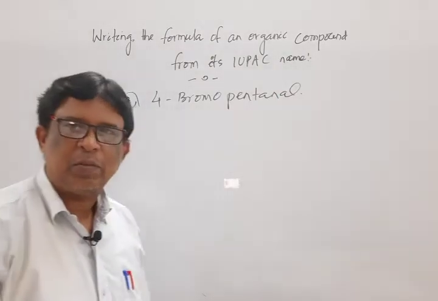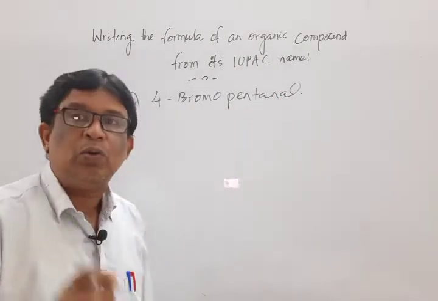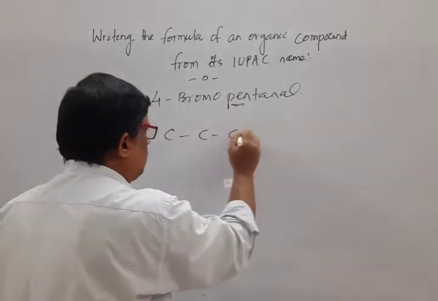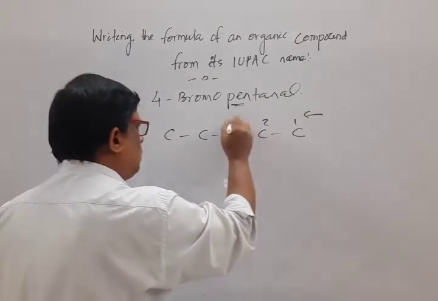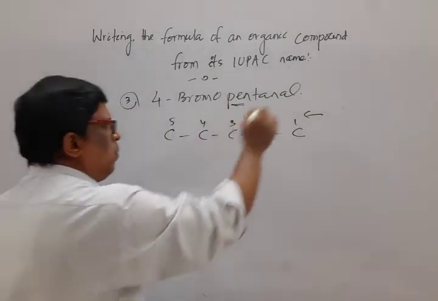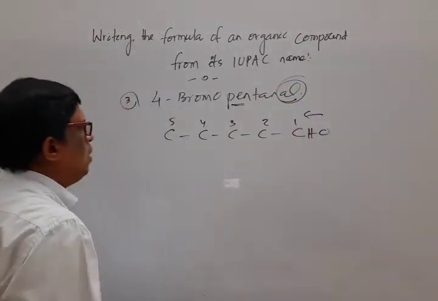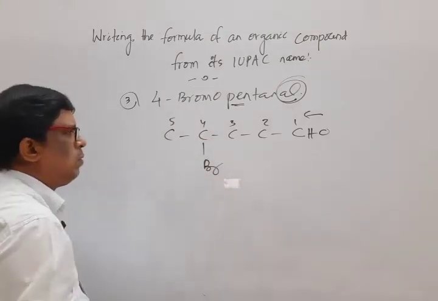Follow the same principle. First focus on the locant, focus on the root word. Which is the root word? Pent. 1, 2, 3, 4, 5. Numbered 1, 2, 3, 4, 5. Principal functional group Al means CHO. Bromo, the substituent at 4 position, bromo.